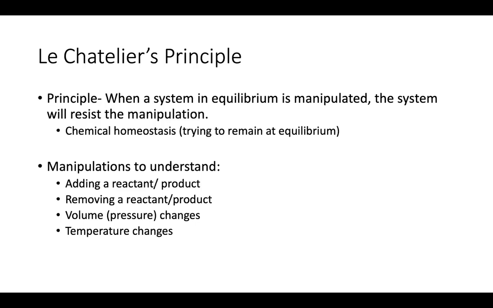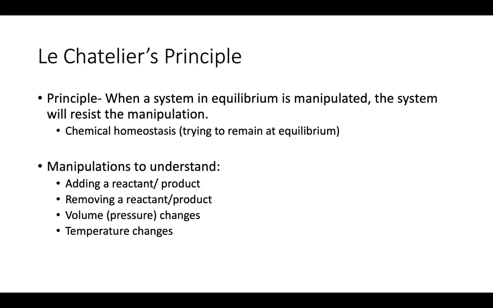Lastly, how about temperature changes? In relation to temperature, I always suggest that students write heat or temperature into your actual equation. If you have an endothermic reaction, heat or temperature is going to be a reactant.